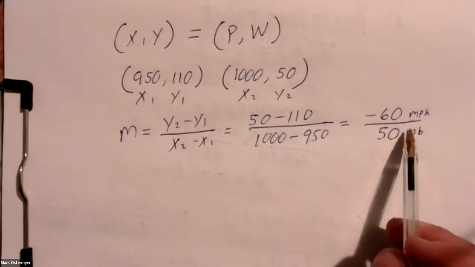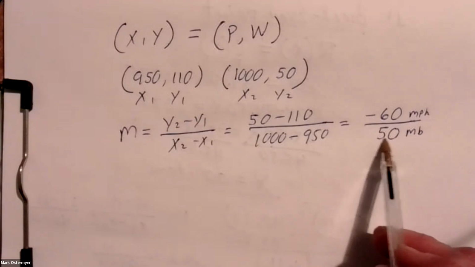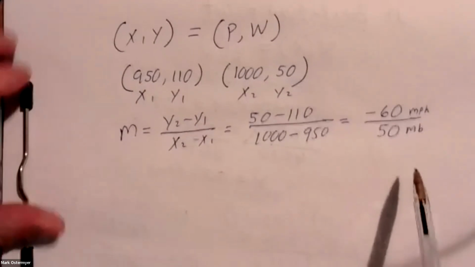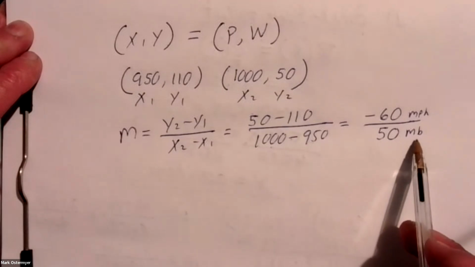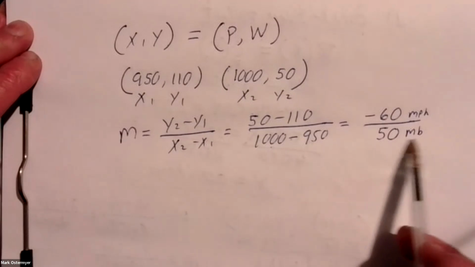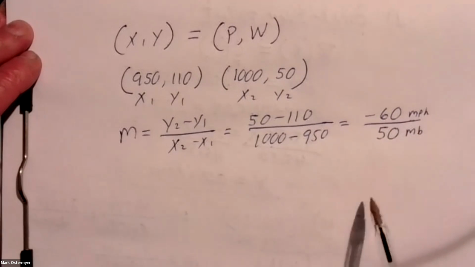So this is the rate with which the wind speed decreases in a hurricane per the number of millibars that the pressure in the center rises. Okay. I mean, that makes sense because the lower the pressure is in a hurricane, the deeper, more powerful of a storm it is, the stronger the wind speeds. As the hurricane starts to fill in, meaning the atmospheric pressure starts to rise in a hurricane, the hurricane weakens and the wind speed decreases.